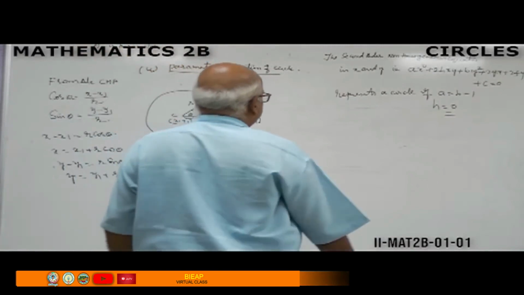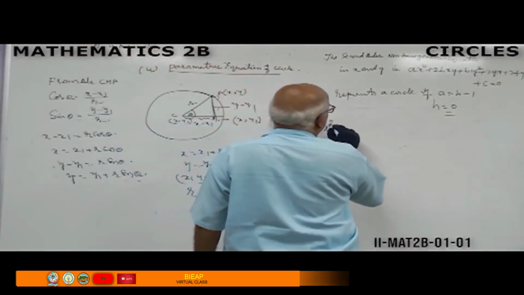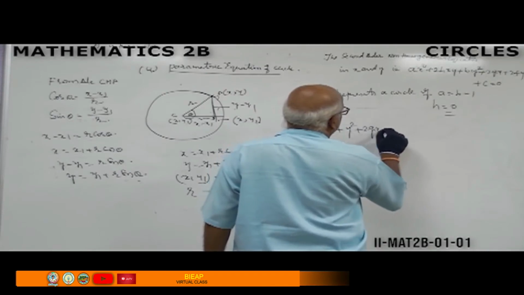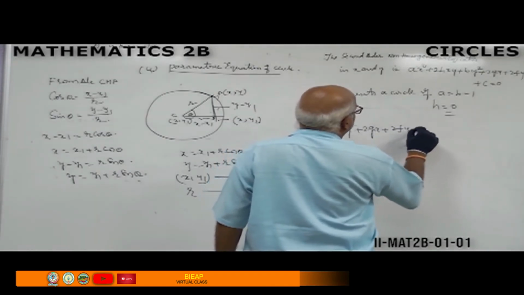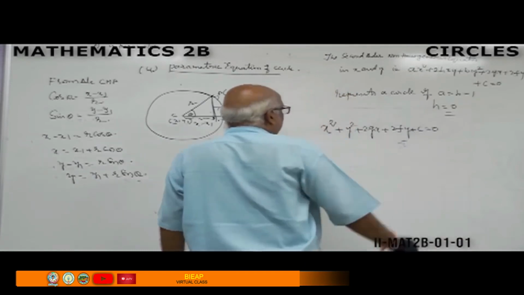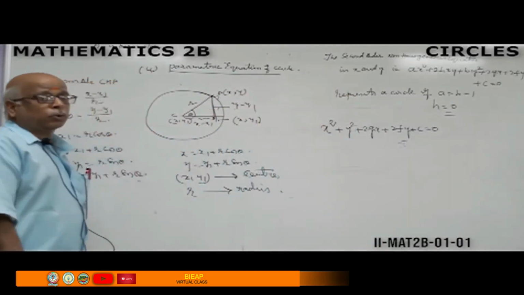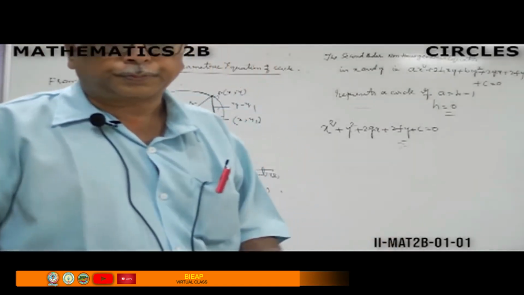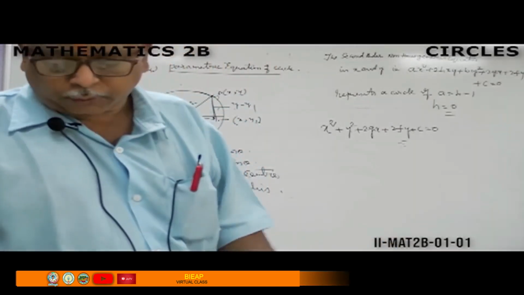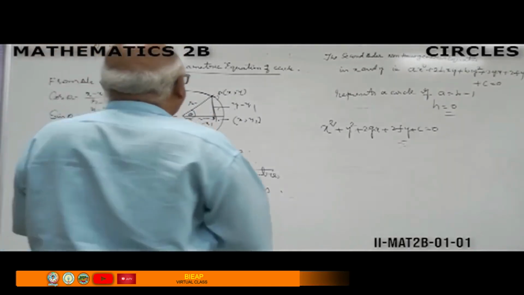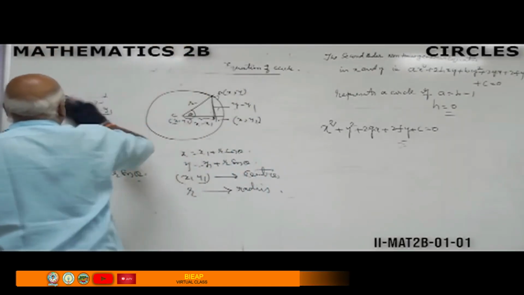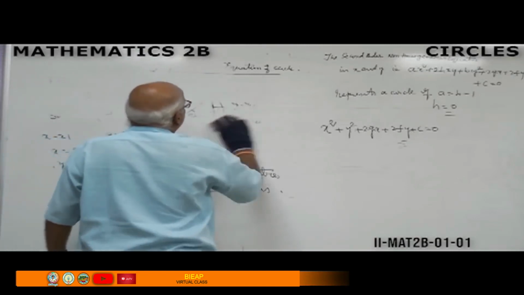That is, x square plus y square plus 2gx plus 2fy plus c equal to 0.